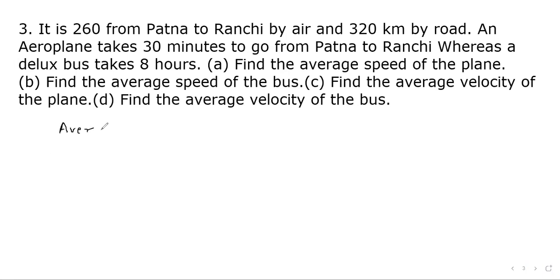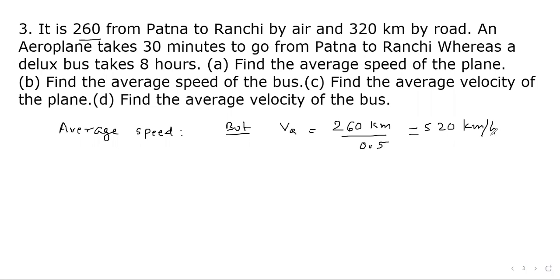So, average speed for the plane and for the bus, suppose V average. So it would be distance divided by time. So straight distance is 260 kilometers, divided by time, 30 minutes, 0.5 hour. So this will be 520 kilometers per hour. This is for plane.